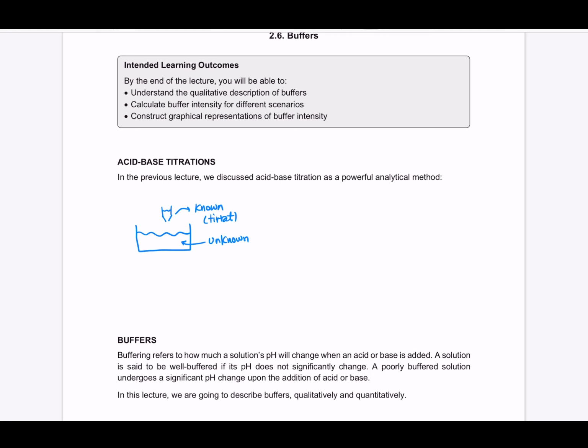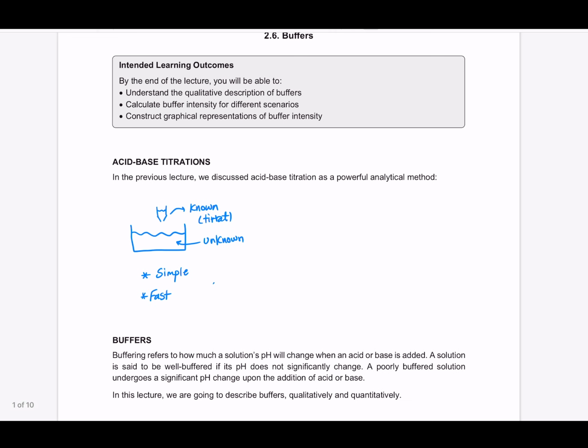The good thing about the titration experiment is that it's very simple. Basically, you just need a pipette and a known amount of acid. It's very fast. That means the operation and also reaching equilibrium is very fast. Also, it's very informative.